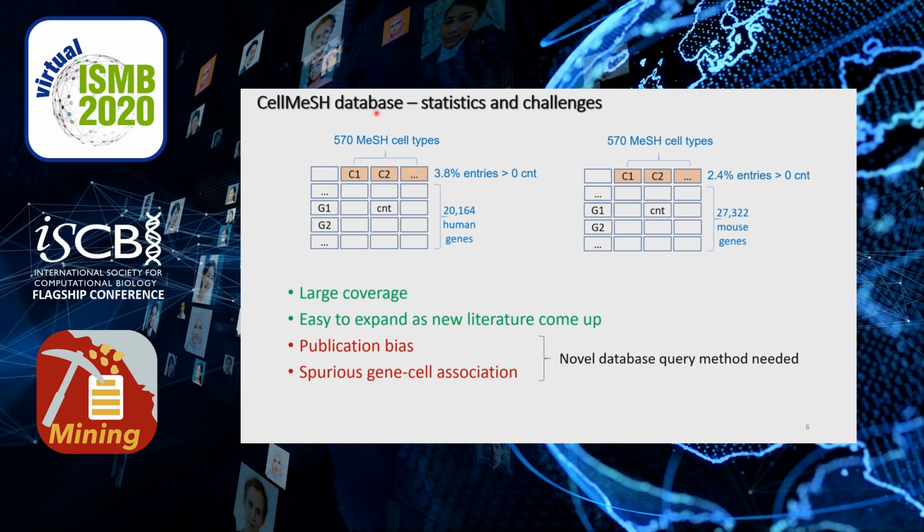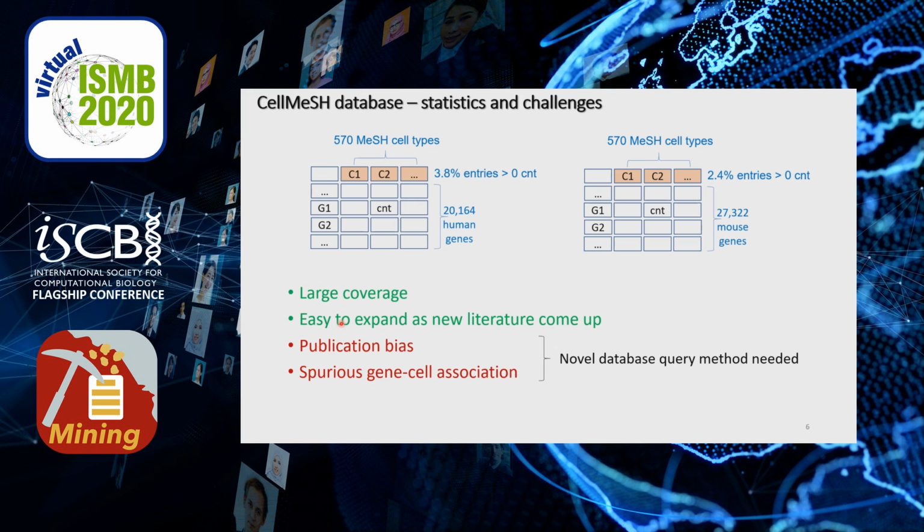The CellMeSH database is species-specific; we create it for both human and mouse. Essentially, the database is a gene cell matrix, where the count means the number of PubMed articles where the gene is indexed in Gene2PubMed, and the cell type indexed in Medline. The CellMeSH database has large coverage of gene cell type information.